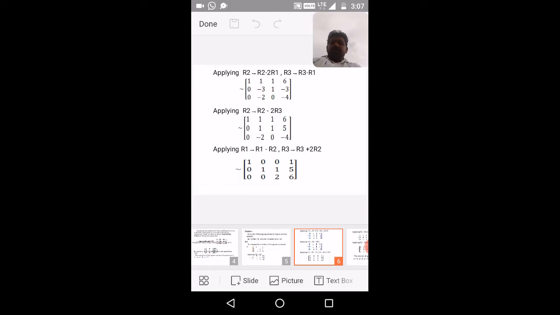So directly subtract R1 from R3. So 1 minus 1 is 0.